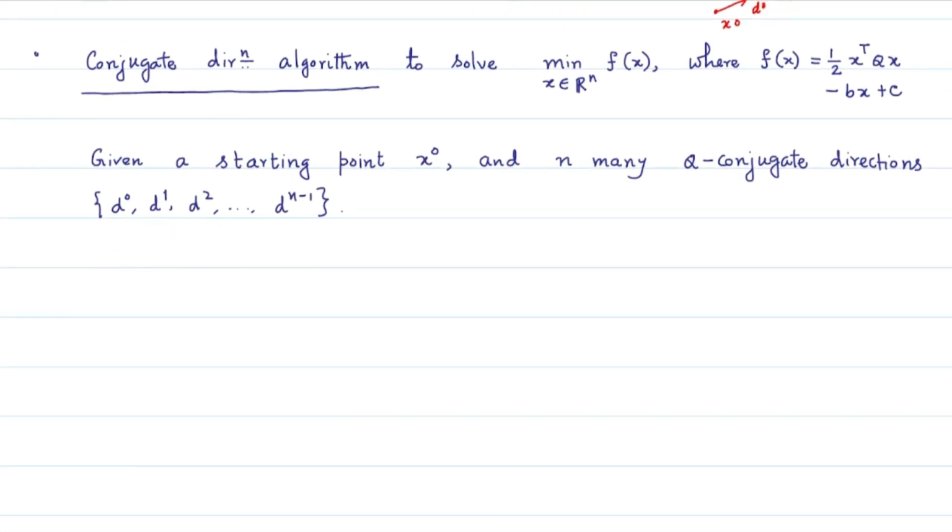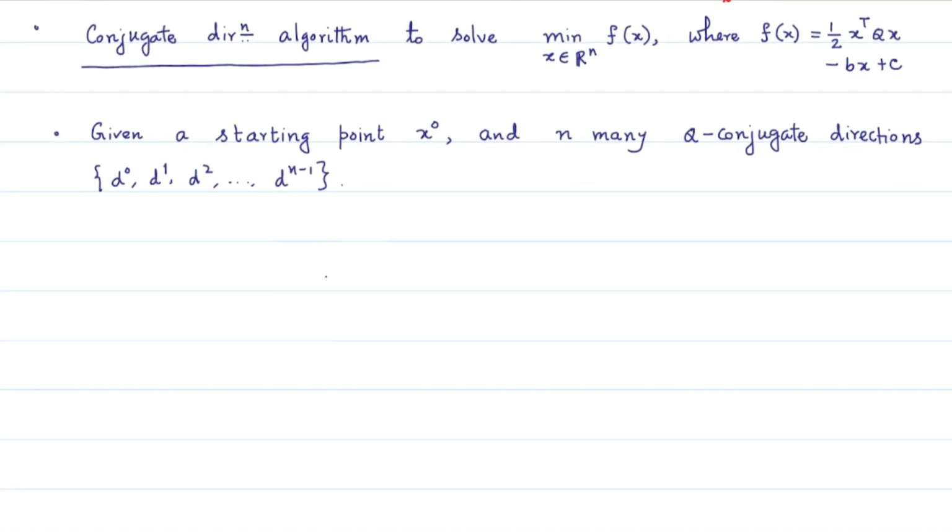Then iteratively we visit all these directions by the iterative formula, xk plus 1 is equal to xk plus alpha k dk, where this alpha k is given by the exact line search method, that is, alpha k is the argmin of the function f along the direction dk emanating from the point xk.